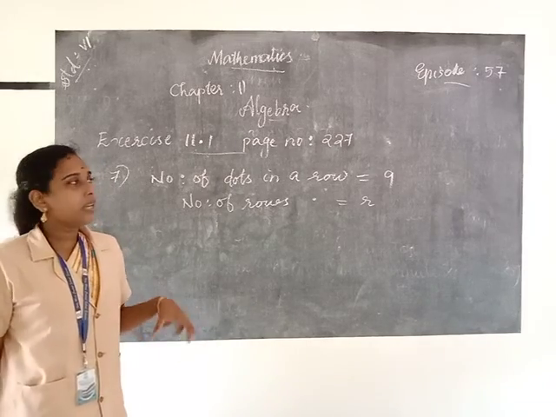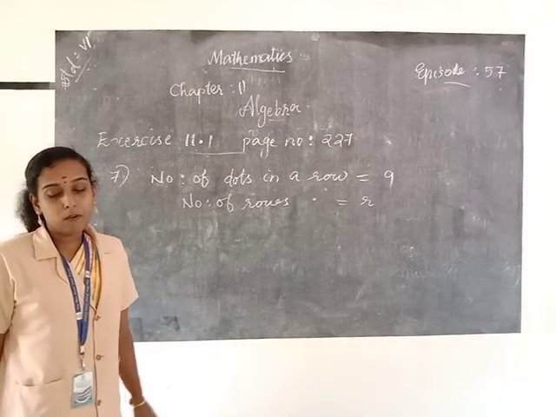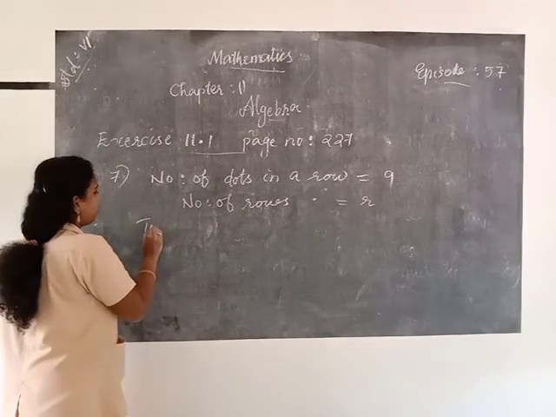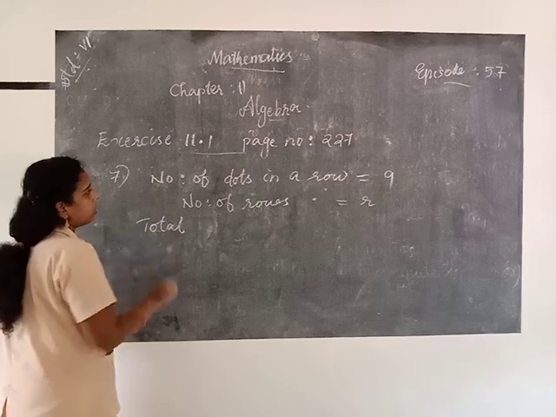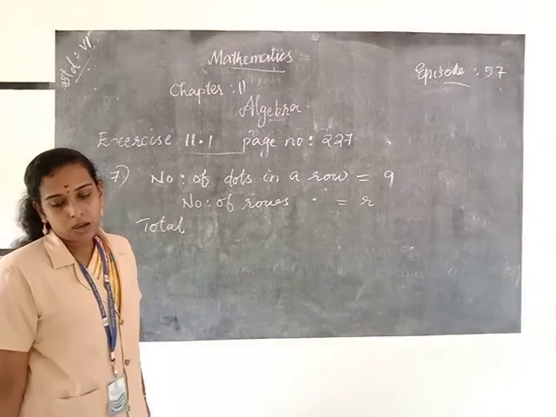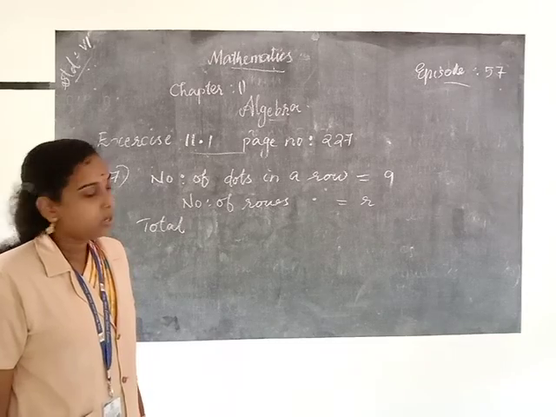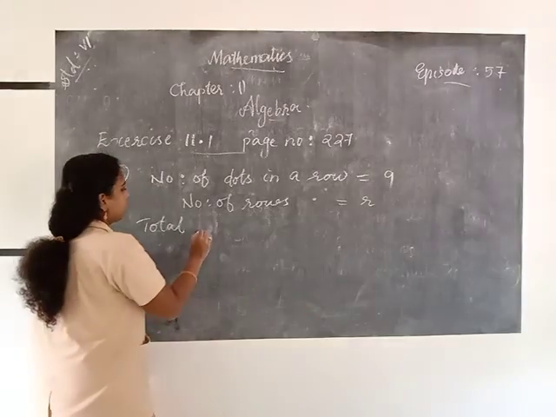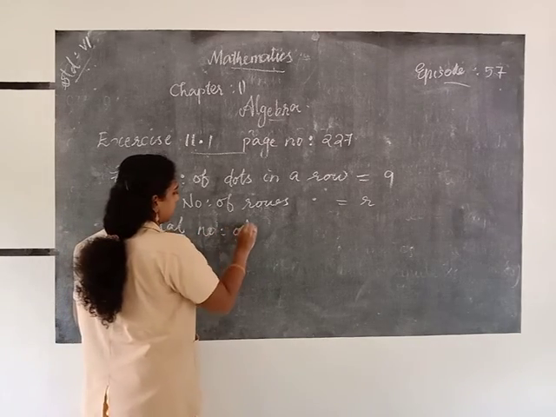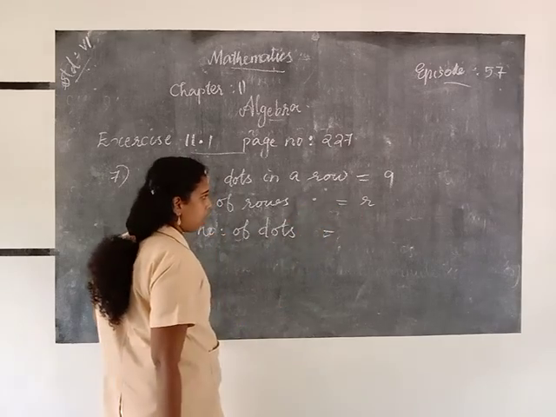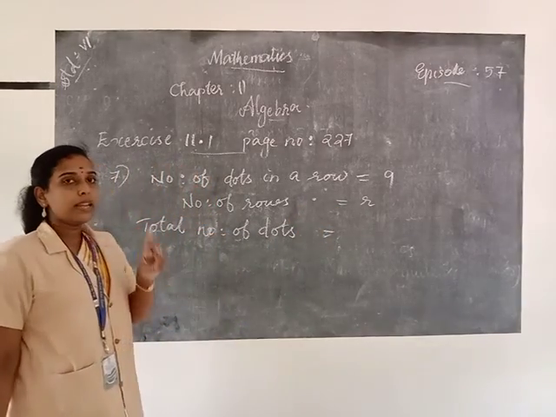And we want to find the total number of dots. The total number of dots is equal to the number of rows, and there are 9 dots in one row.